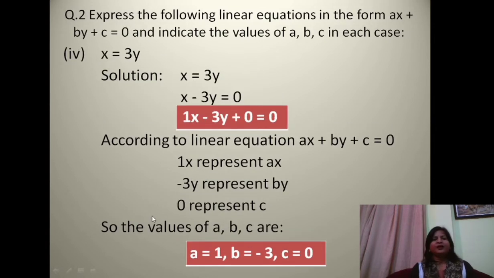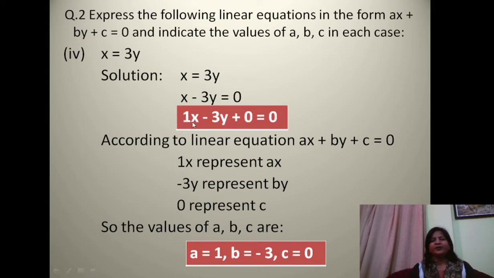Now the fourth part of the second question is x is equal to 3y. In the solution you can see x is equal to 3y. x minus 3y is equal to 0. In this equation we have taken 3y to the left side. So our equation is x minus 3y is equal to 0. Here we have multiplied by 1 in the x. Why? Because we have to find the value of a also.